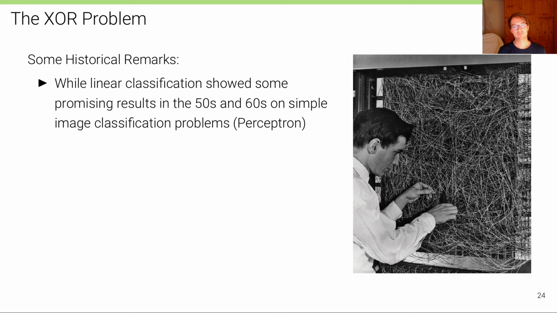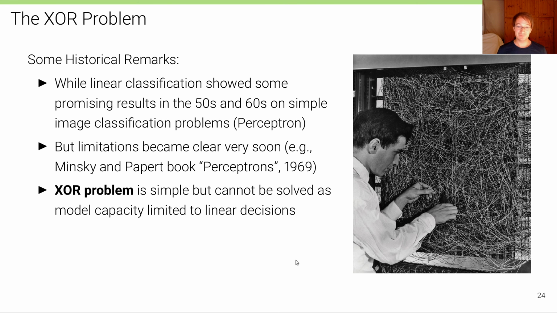And I want to complement this view with some historical remarks. We have seen this already in the first lecture, where we talked about the history of deep learning. While linear classification showed some really promising results, even for complex image classification problems in the 50s and 60s, for instance the perceptron, the limitations became clear very soon, as they have been written down in Minsky and Papert's book Perceptrons in 1969.